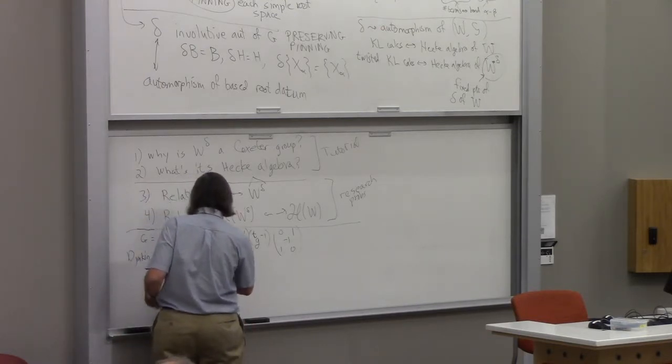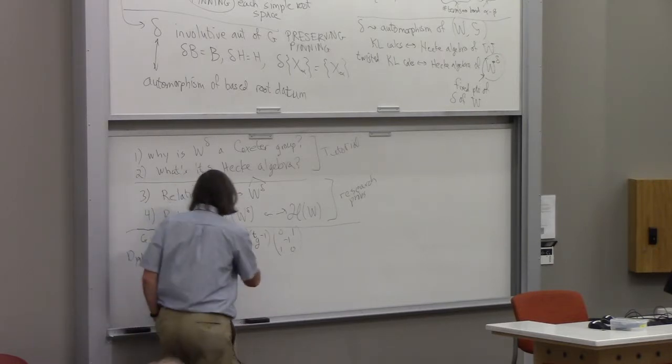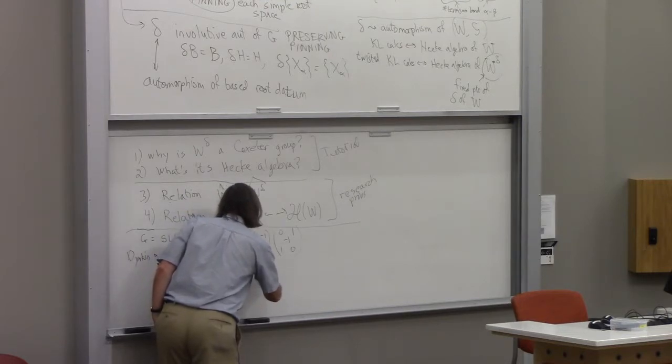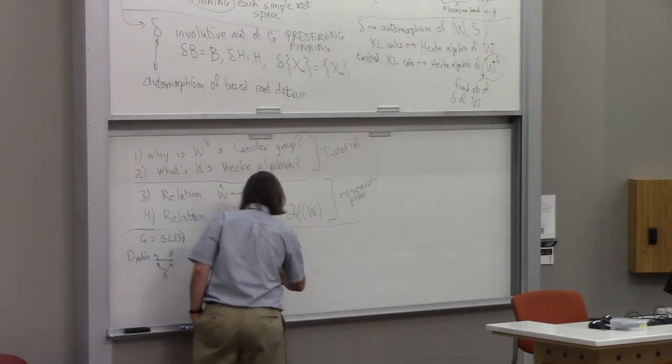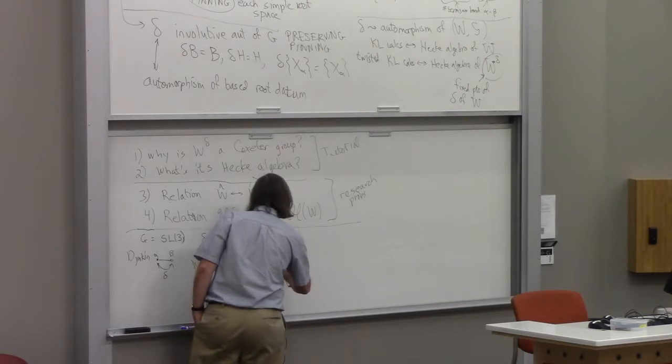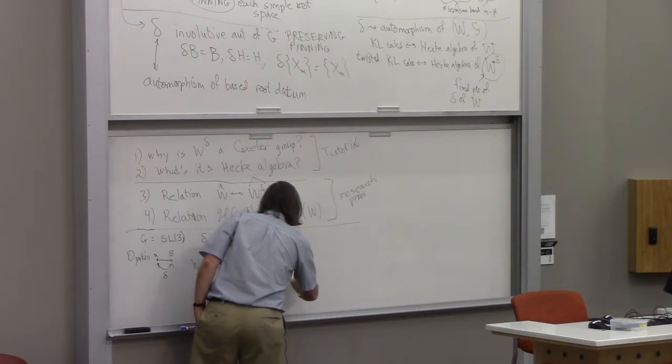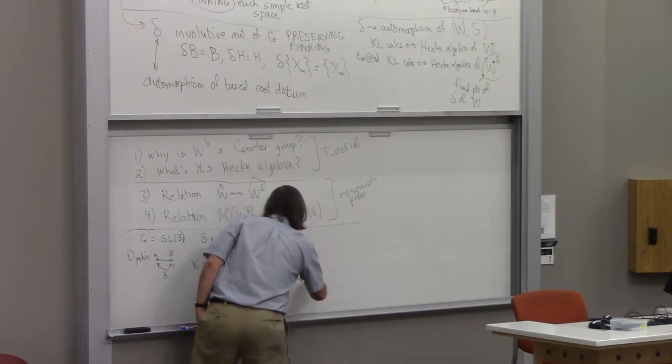W is S3, which is generated by S alpha and S beta, subject to the relations S alpha squared and S beta squared are 1, and S alpha, S beta, S alpha is equal to S beta, S alpha, S beta.